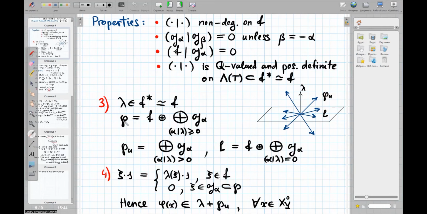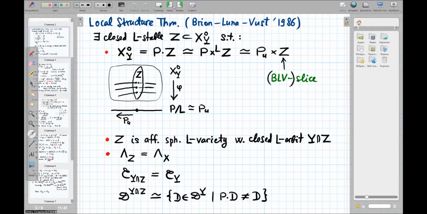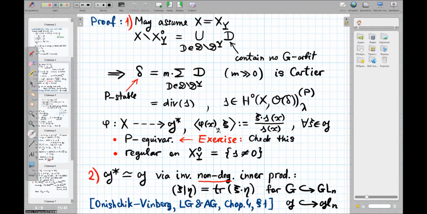So, does the decomposition stem from that? This is a representation of highest weight lambda. So this P is the stabilizer of some vector of highest weight lambda.